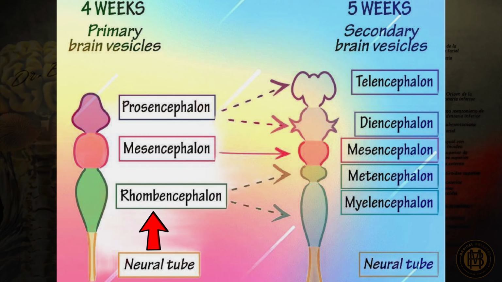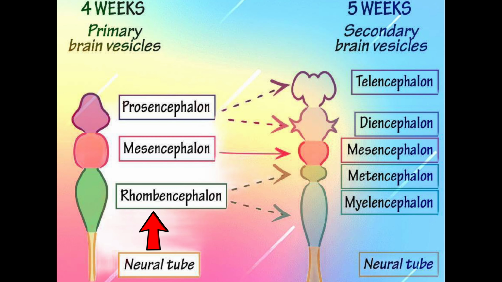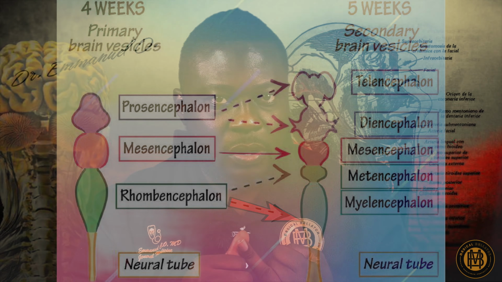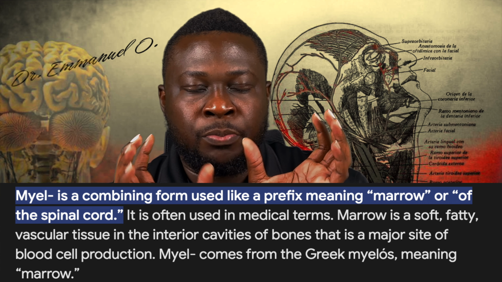Now, the rhombencephalon divides into two to form the metencephalon and the myelencephalon. What does myelencephalon mean? Myel means spinal cord, encephalon means brain.